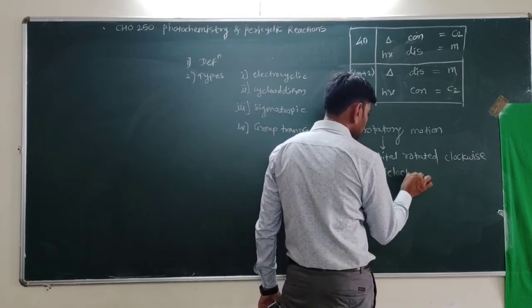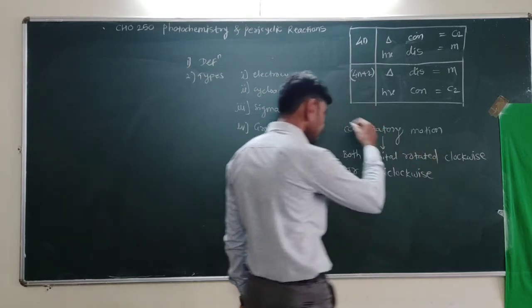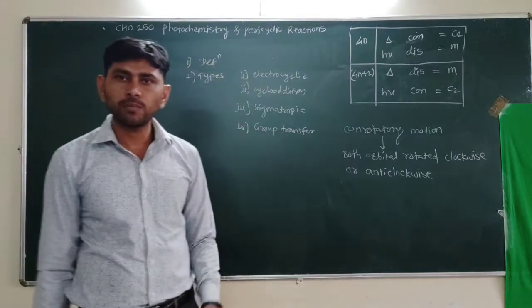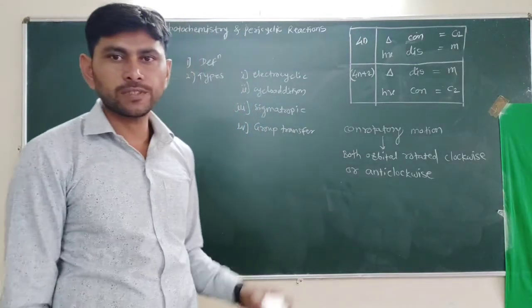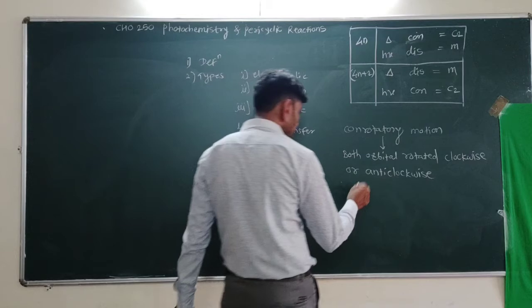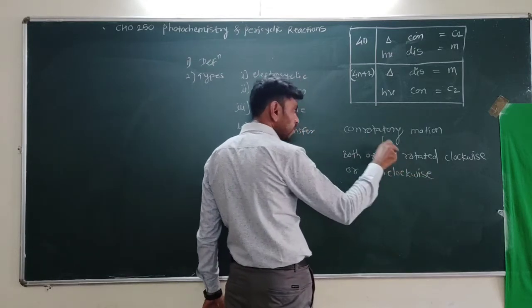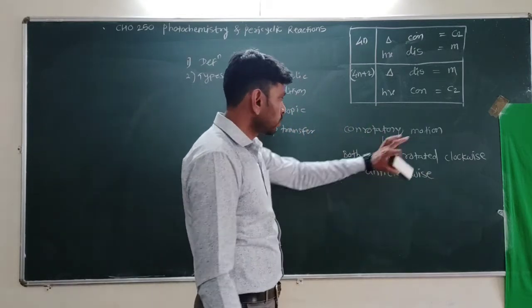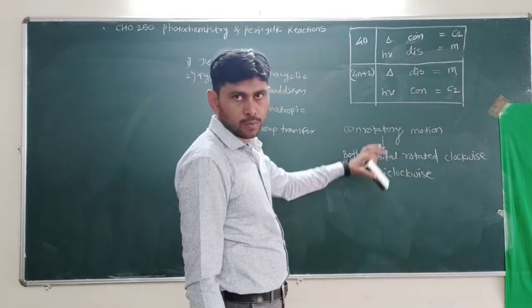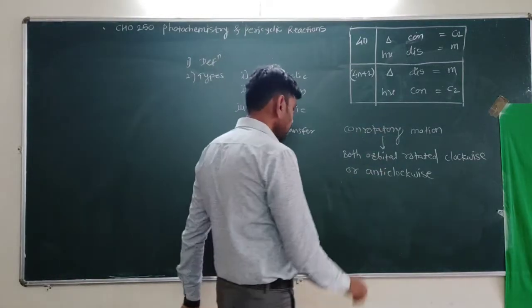If both rotate clockwise, we say it is conrotatory motion. If both rotate anti-clockwise, we also say conrotatory motion. So clockwise or anti-clockwise for both gives conrotatory motion.